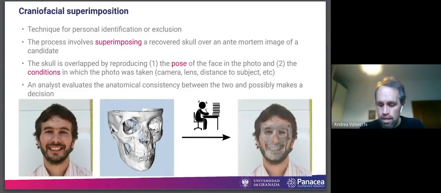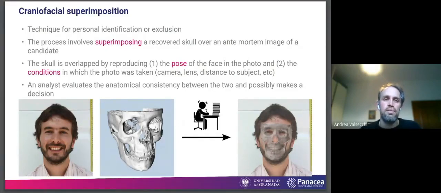A short recap about craniofacial superimposition. This is a technique for personal identification or exclusion. The process involves comparing a recovered skull with a photograph of a candidate before his death, so ante-mortem.